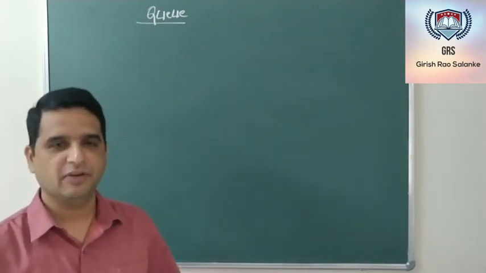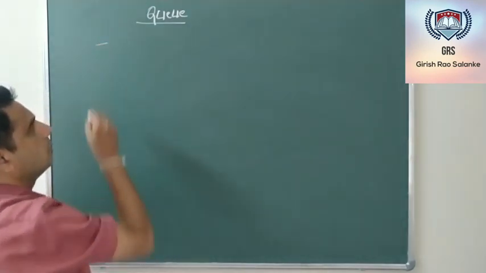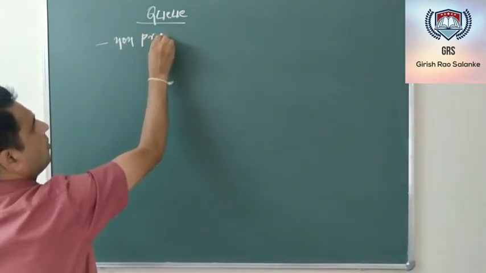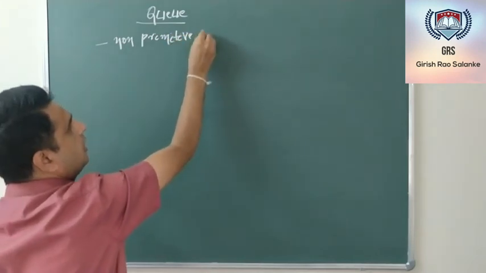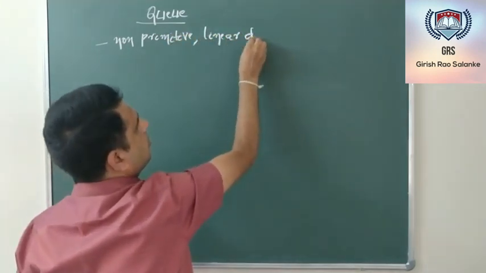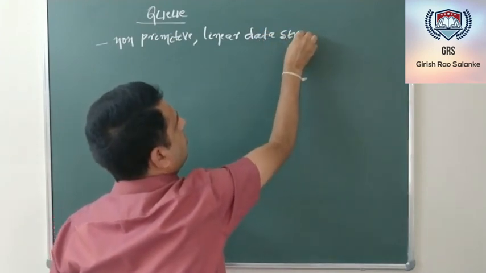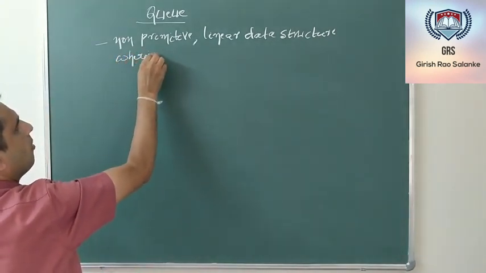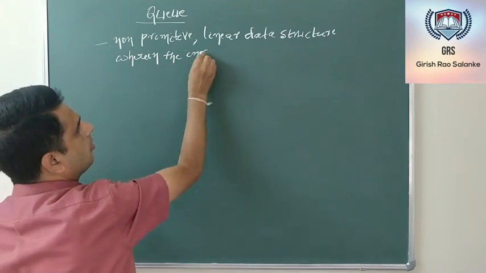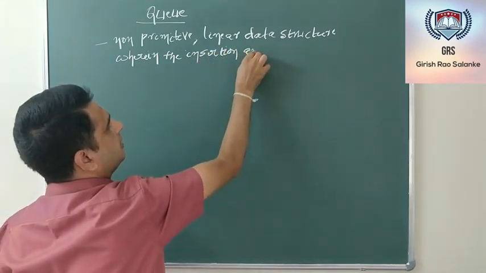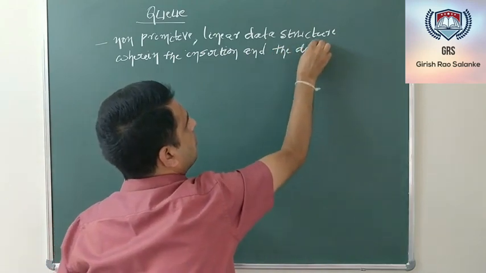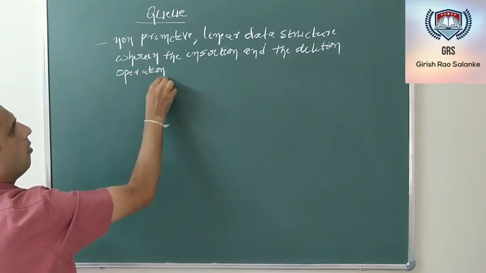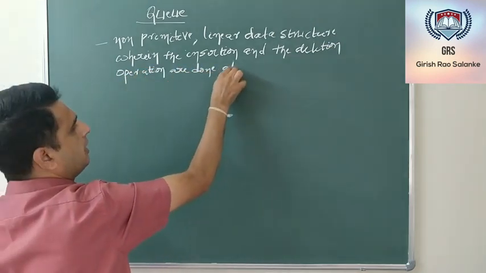To start off, let us define queue. A queue can be defined as a non-primitive linear data structure wherein the insertion and the deletion operation are done at two different ends.